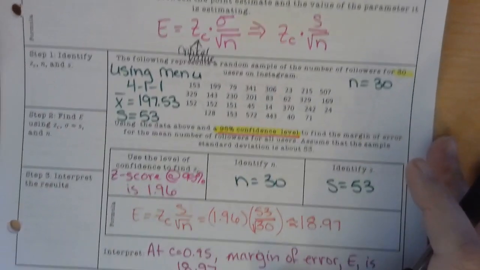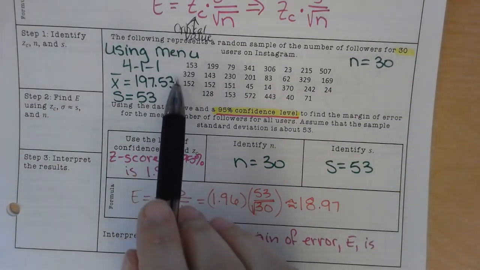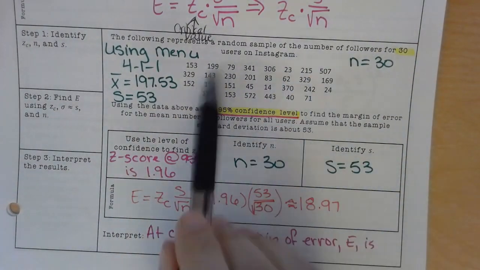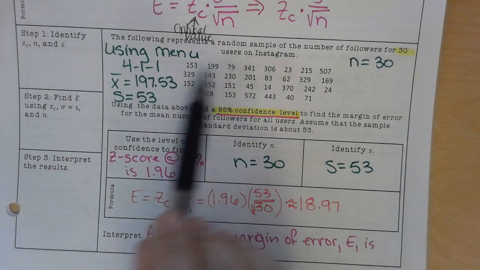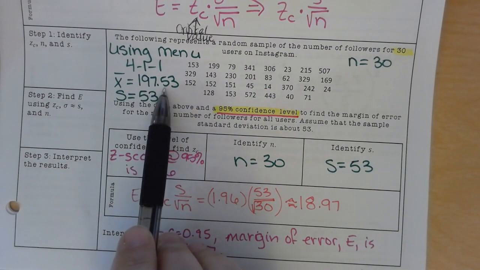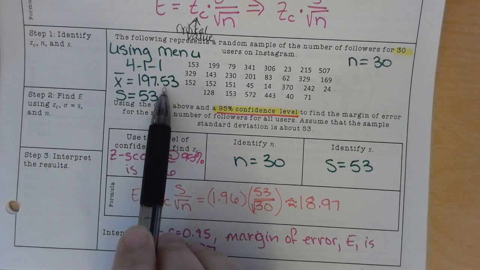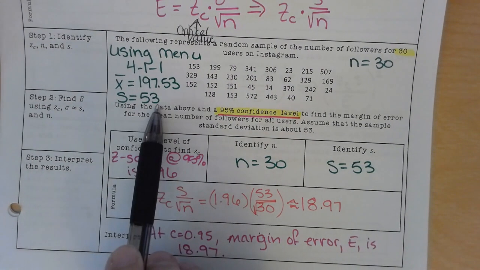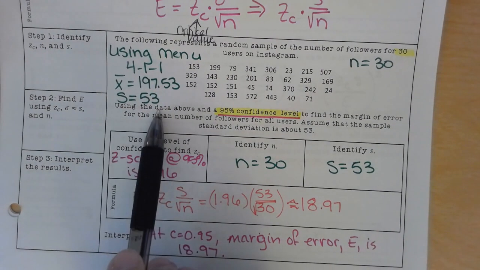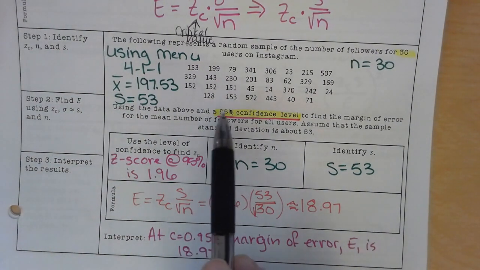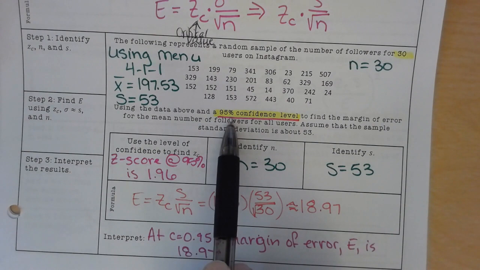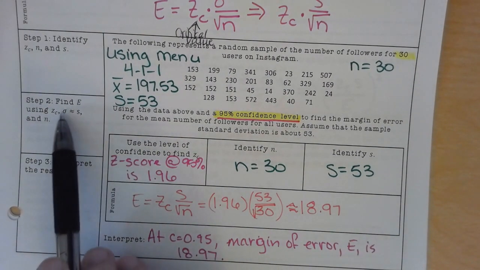Okay, so let's say we have the same problem that we were looking at a minute ago. You have the same data, you put it into your calculator, you did menu 411, X bar, which is 197.53, and then S, which is 53, which was found on the calculator. And then it says we want it at a 95 percentile. For right now, we're using the z-score.